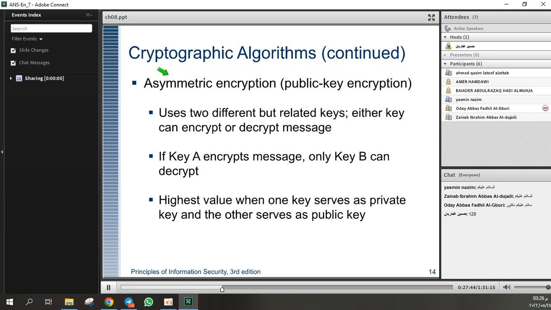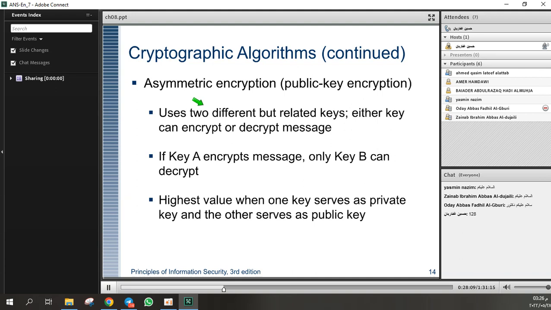The other category was asymmetric encryption. In asymmetric encryption, or sometimes we call it public key encryption, we are using 2 different keys. One of them is a public key, the other is a private key.